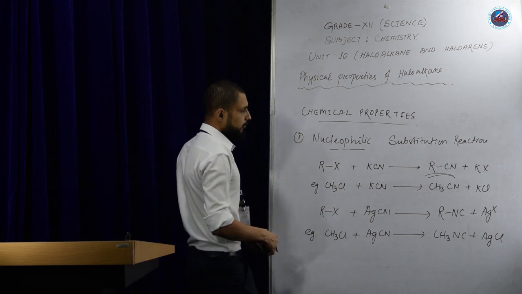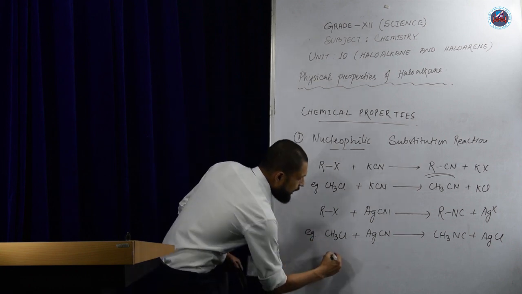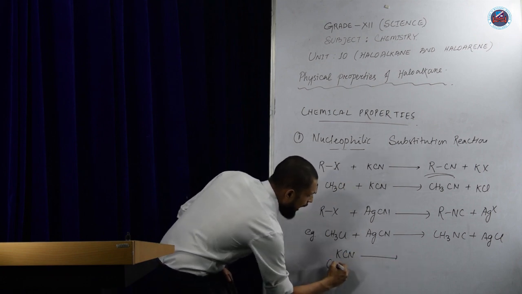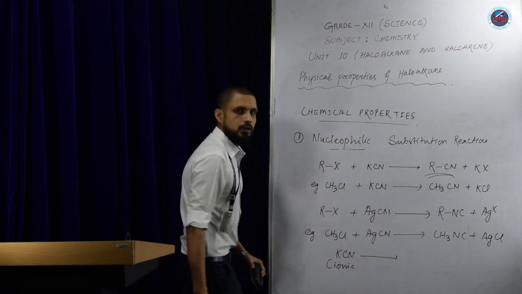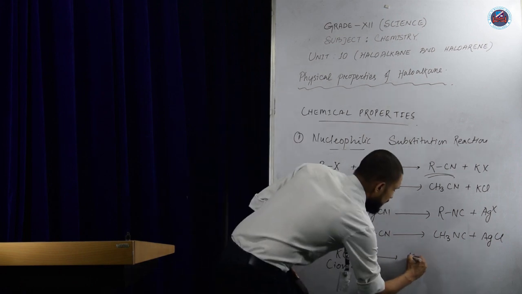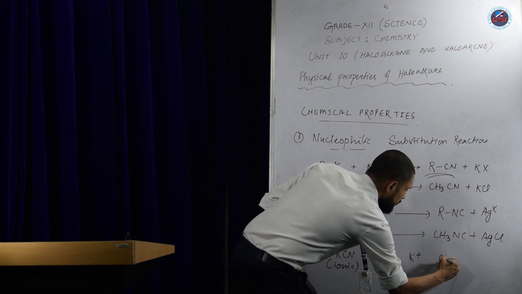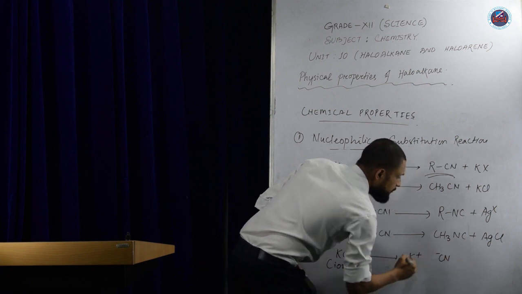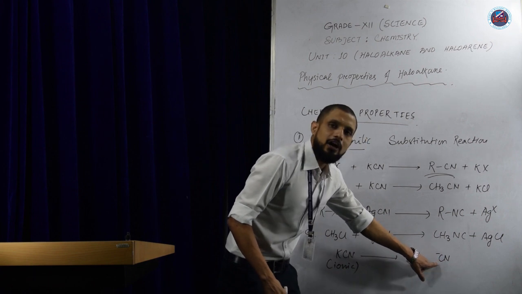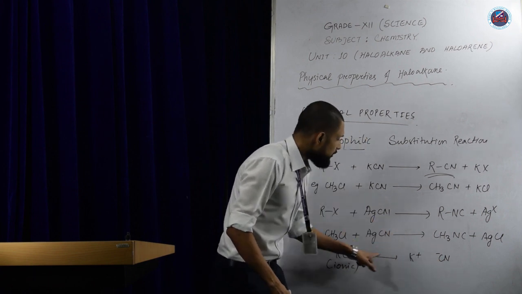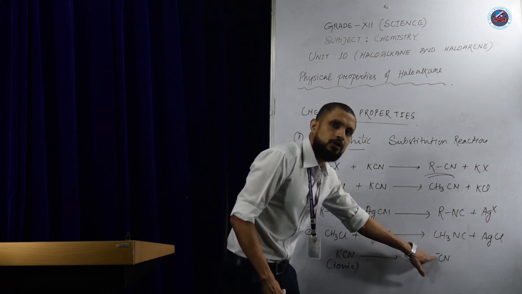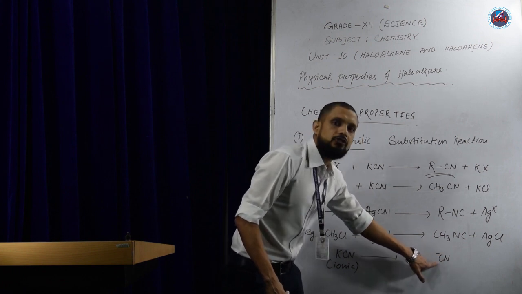Let us see the reason for it. If you take KCN, KCN is ionic in nature. So if it is ionic, it will give ions, that is K positive and CN negative. Now here, the negative charge is on the carbon atom. So if it is ionic and the negative charge is on carbon atom, carbon will be a better donor.